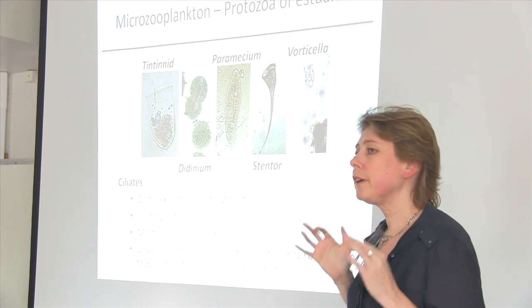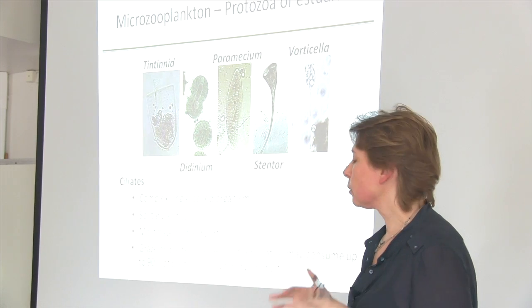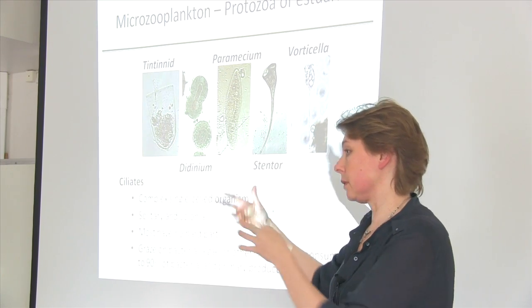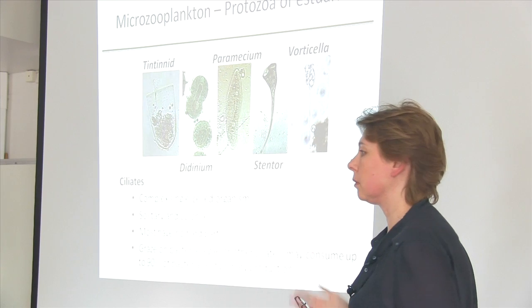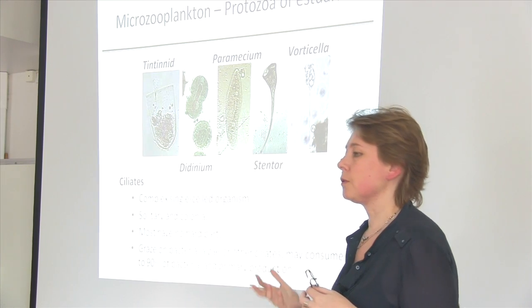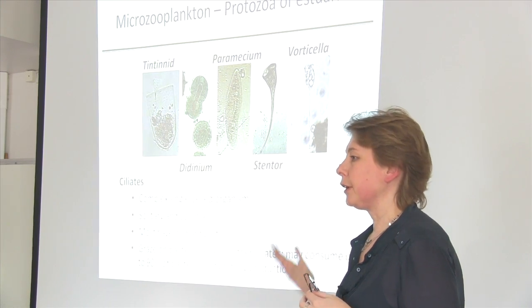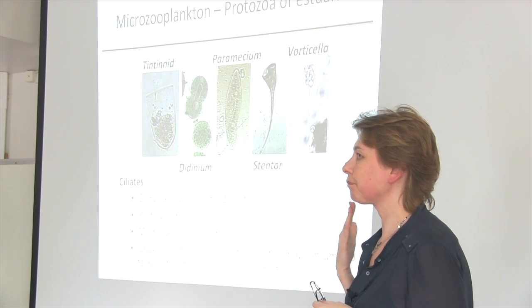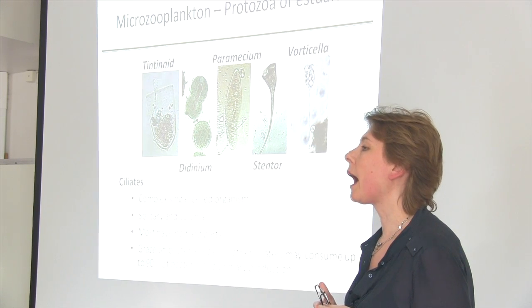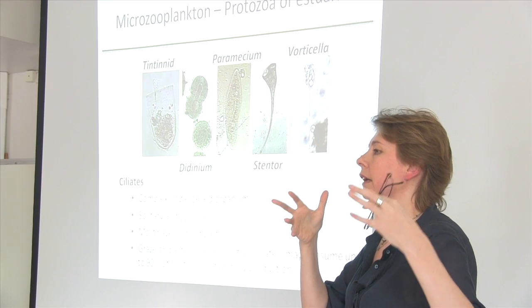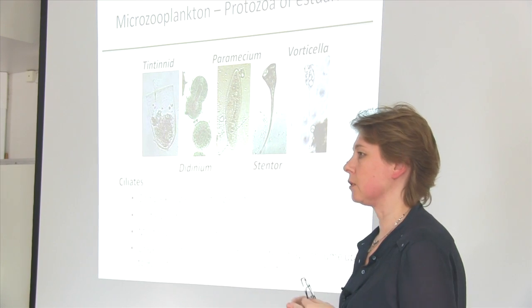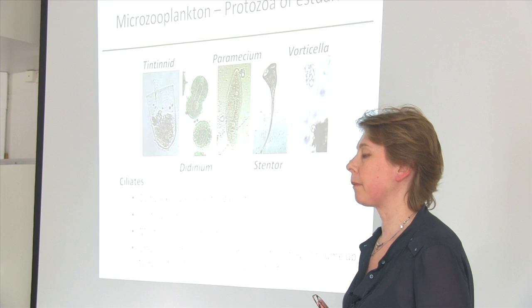They graze, they're very important bacterivores. They graze on bacteria and they are themselves food for mesozooplankton. So they can consume bacteria very efficiently, with a very high energy transfer efficiency from bacterial biomass to ciliate biomass. So they are essentially predators of the microbial food web.